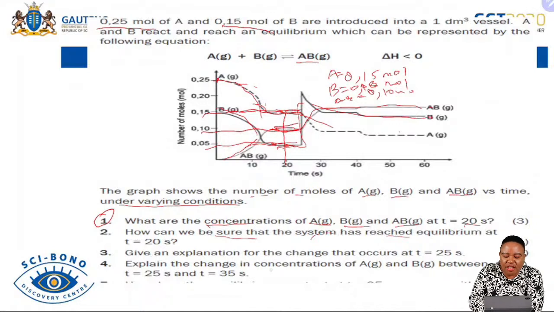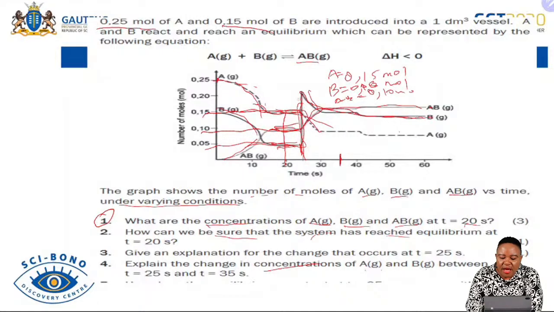And then explain the change in concentration of A and B at time T25 to T35. So when you look at the concentration here, you can see that there's a sharp increase of B, and A is decreasing and AB is increasing.